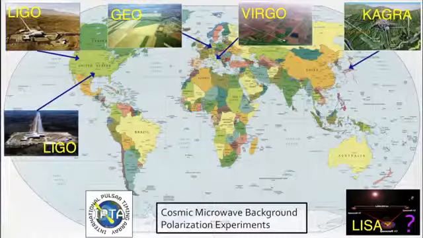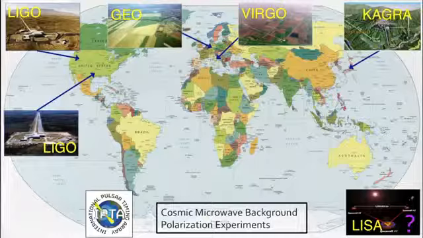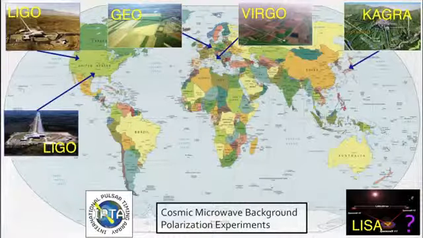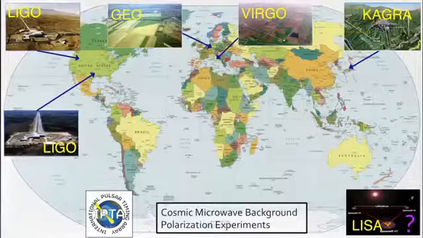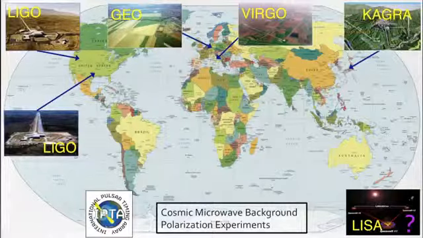They're all kilometers in size just so that we get the sensitivity we need. And there's even been proposals and a lot of study for a space-based observatory called LISA, which has a certain advantage. Real estate in space is cheaper, and that allows us to make the path lengths for LISA 5 million kilometers long. But that's far in the future.